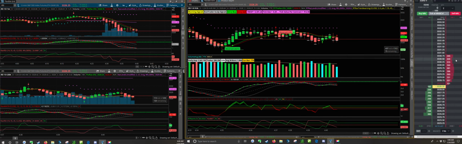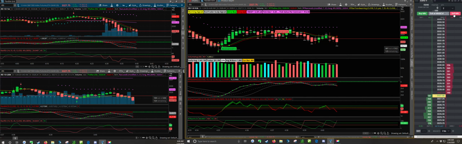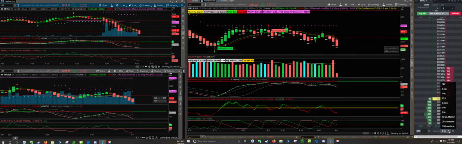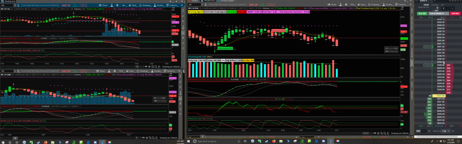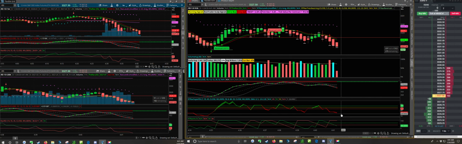Order filled. 28 triggered short. Go ahead and take your profit on that. Again, if you want to let it run, go ahead. Just watch the RSI. Cancel out the long order.